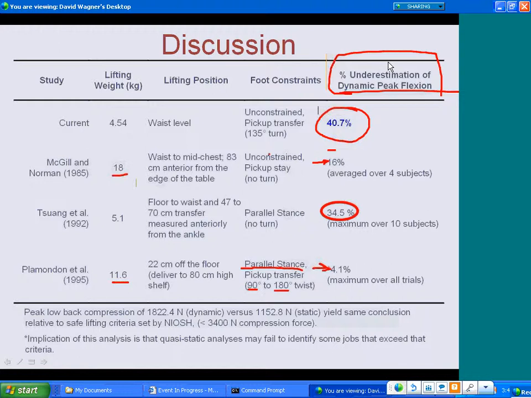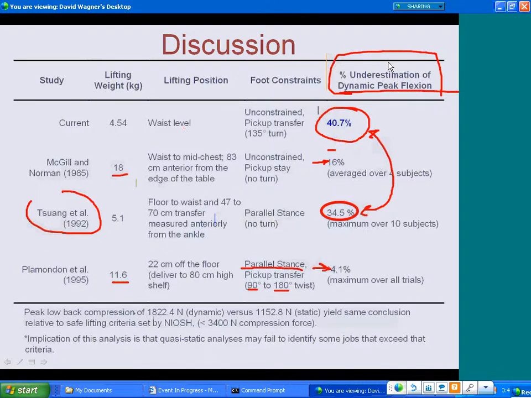However, for one study, Song et al., where they investigated load weights very similar to ours, the results were in the same ballpark, with 34.5 and 40.7%. They also rated a floor to waist lift, although ours was always at waist level.